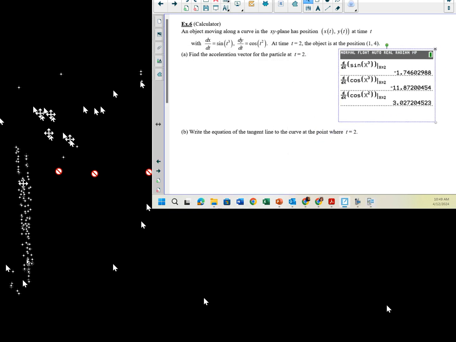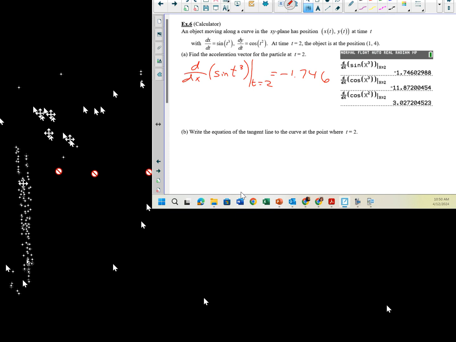It is a calculator question. You do not have to show the derivative of this. You can literally say, I am taking the derivative of the sine of t cubed, evaluating it at t equals 2, and I got negative 1.746. Use a calculator. Don't take the actual derivative.